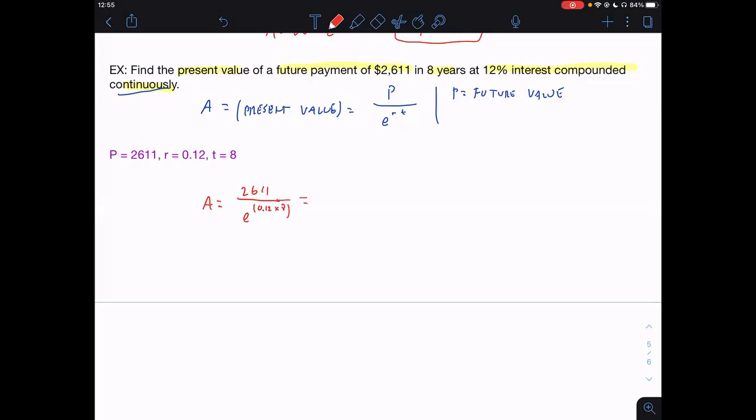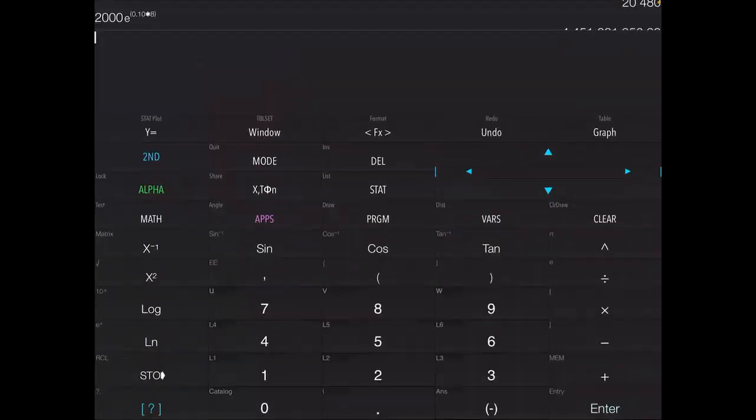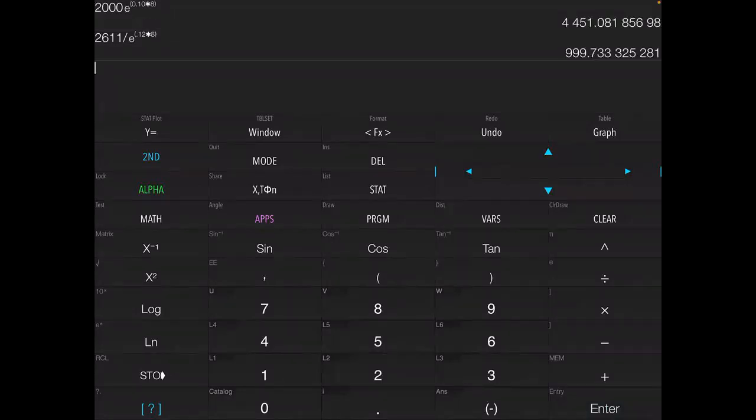Okay, so using our calculators, let's set this up. All right, so we're going to take 2611 and divide this by second ln for E, where E is being raised to, parentheses, 0.12 times 8, to give us a present value of $999.73.